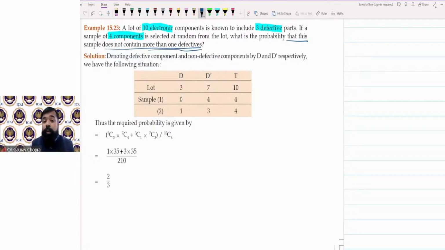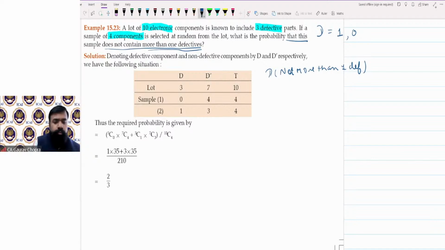Now, what is the requirement? It does not contain more than one defective. So we can write not more than one defective. It means that defective can be one or it can be less than one. Less than one means zero. So it can have either zero defect or it can have one defect, right?